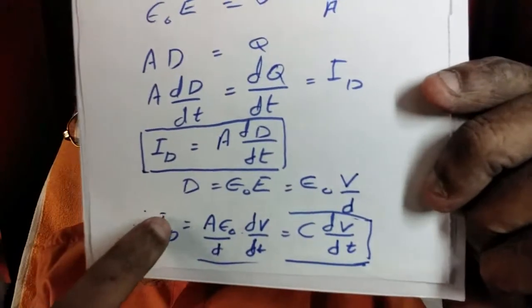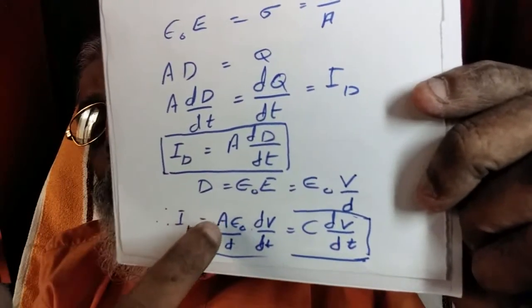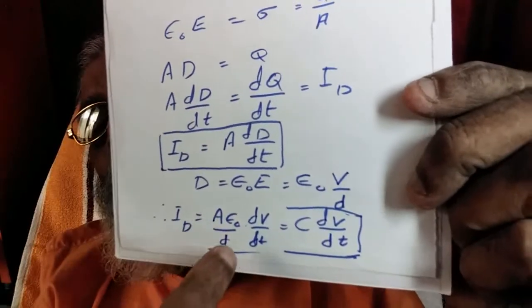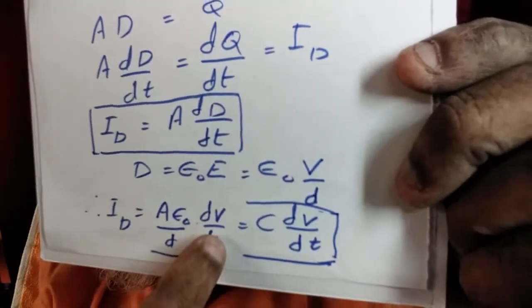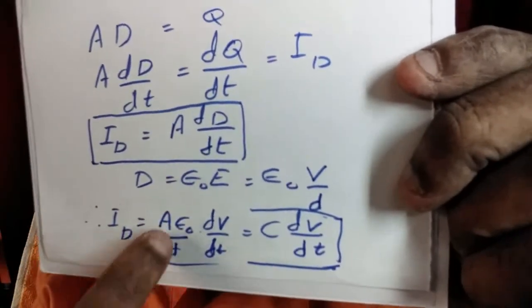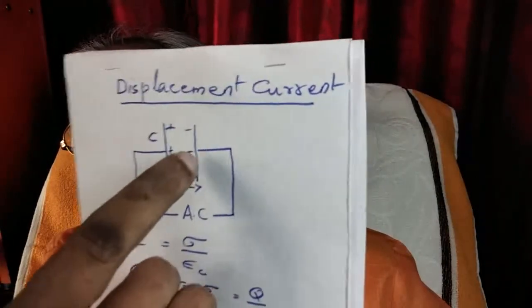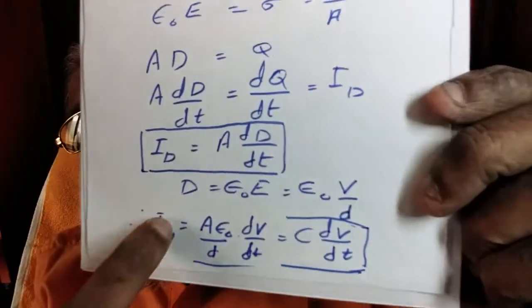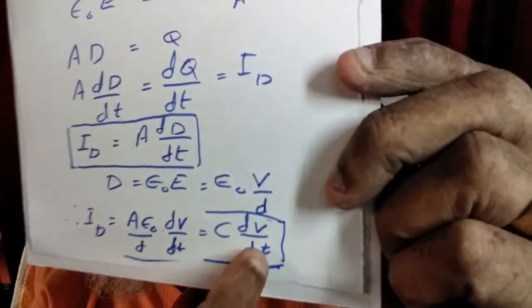Then I_D equals A into epsilon 0 by d into dV by dt. A epsilon 0 by d is the capacitance C of this parallel plate capacitor. So I_D equals C into dV by dt.